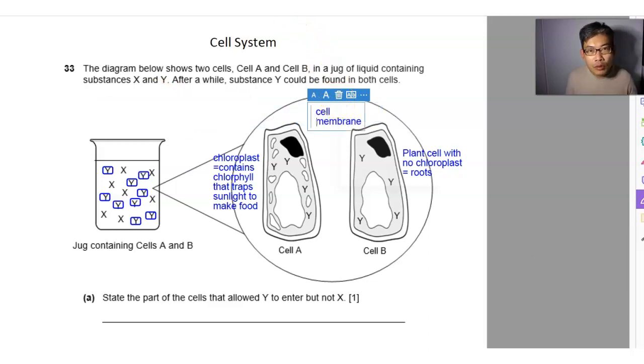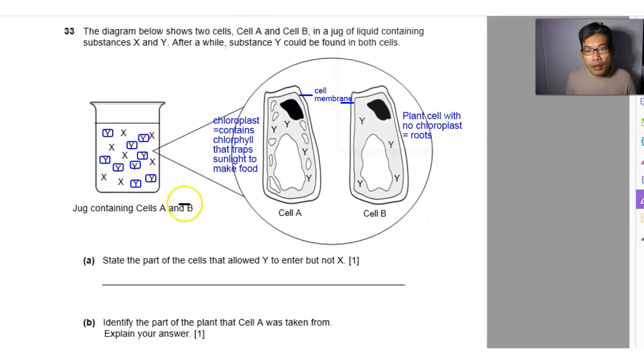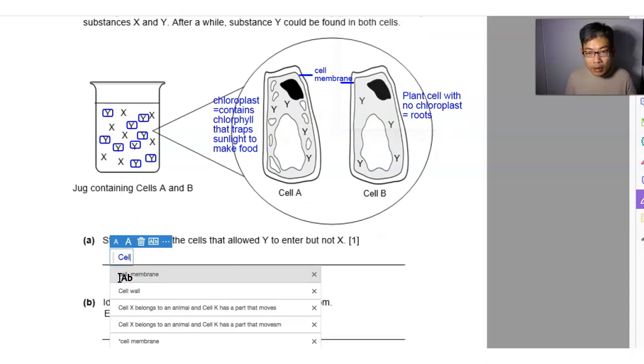You should know how to identify the parts of the cell. This would be the cell membrane. Likewise here, this one is the cell membrane. The external layer will be the cell wall. Now, state the parts that allow Y to enter but not X. I just mentioned it. That will be the cell membrane.